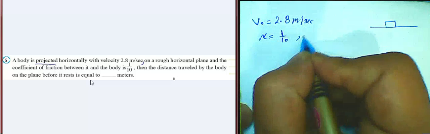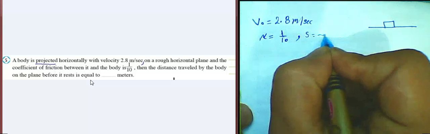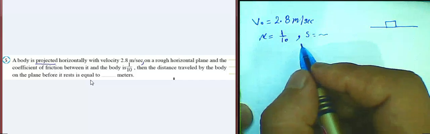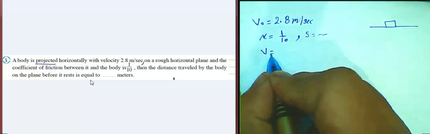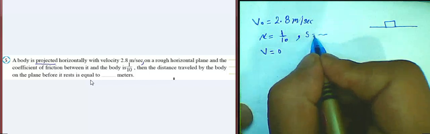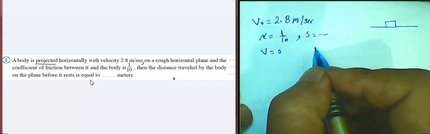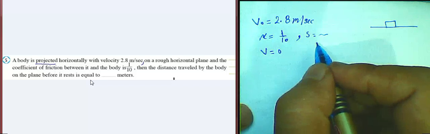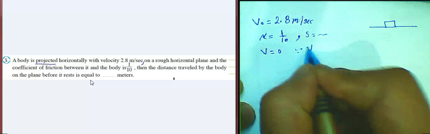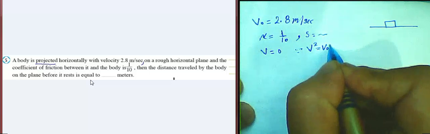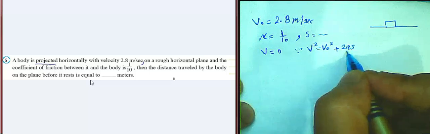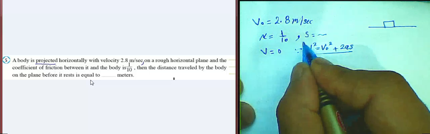Then the distance, you want to find displacement, traveled by the body on the plane before it rests. So v in the end will be equal to 0. We want to find acceleration to find displacement, because we have the relation between v, v naught and s. It was v square equals v naught square plus 2as. So we can find acceleration from this relation.